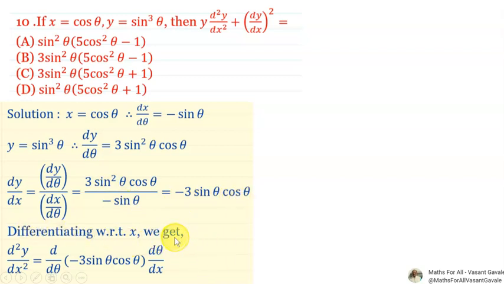Again differentiate this with respect to x. Therefore d2y by dx square is equals to d by d theta. इथे चेन रूल अप्लाय करणार, d by d theta of minus 3 times sin theta into cos theta into d theta upon dx. This step is important. Okay, इथे चेन रूल आपण या ठिकाणी अप्लाय करत असतो.